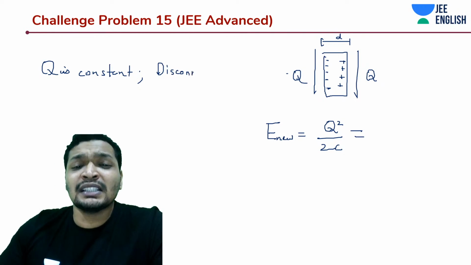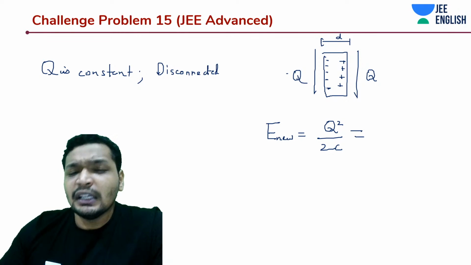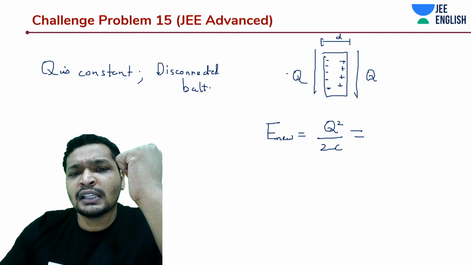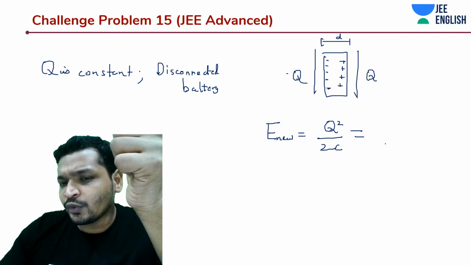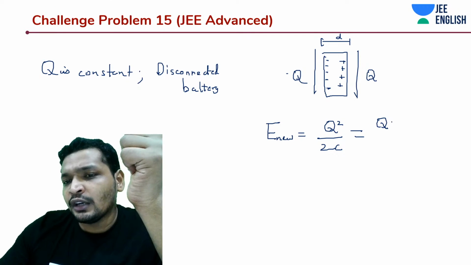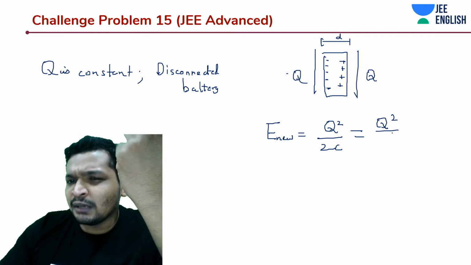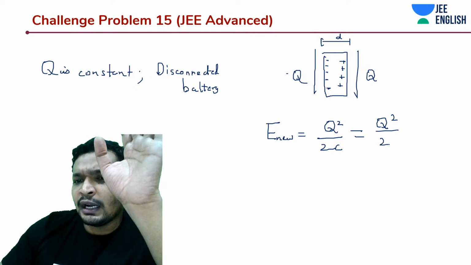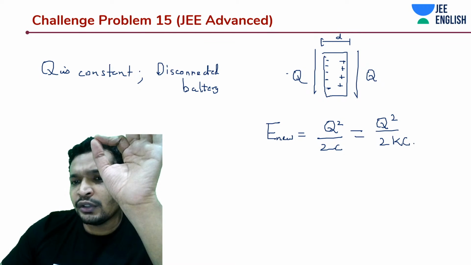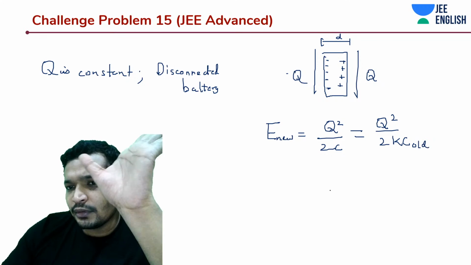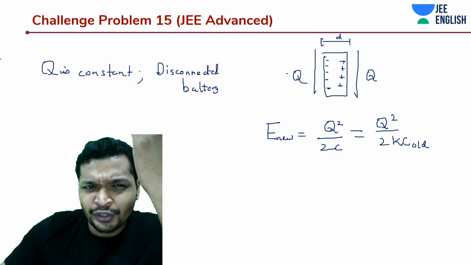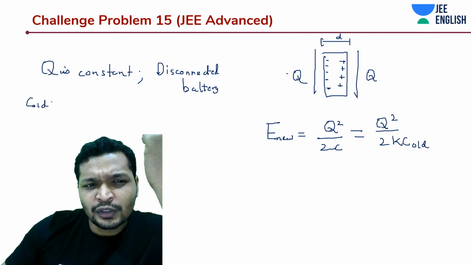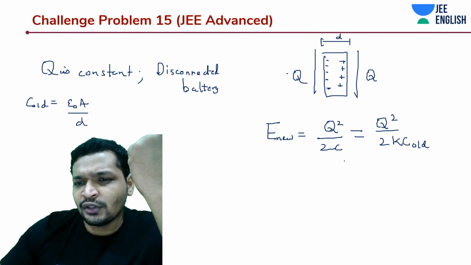Isolated plates, disconnected from the battery, the charge is going to remain the same. Q square by 2C, keep Q square as Q square, and this is K into C volt. C volt was nothing but epsilon naught A by D. So that does not matter.